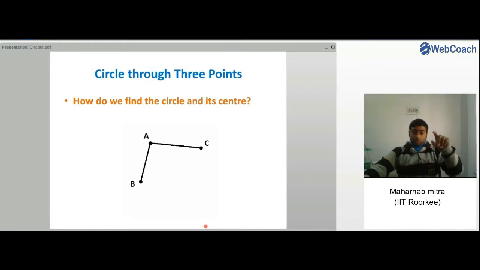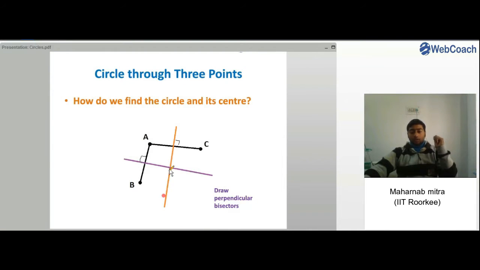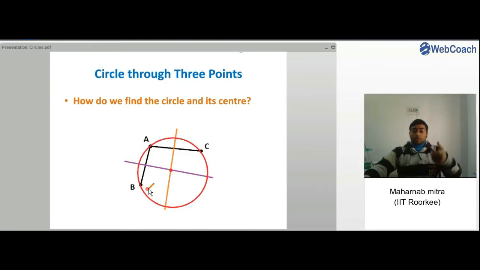We joined any 2 points with the third point. Then we drew the perpendicular bisectors, and wherever they met, we drew a circle taking the radius as the distance from the center to any of the points given. Either we take OA as the radius, or OC, or OB. Any one we can take as the radius.